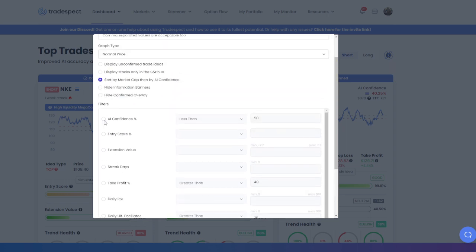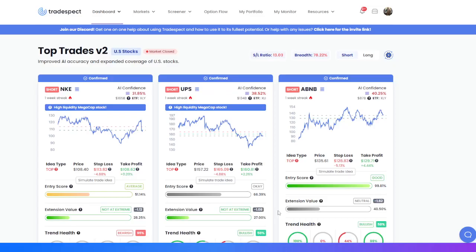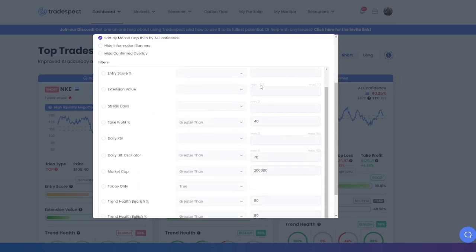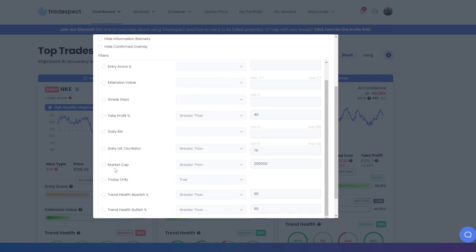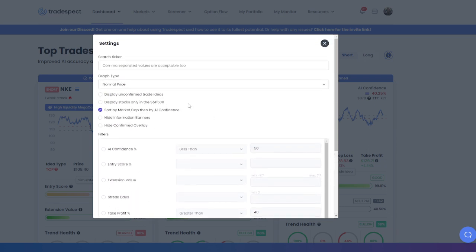You can combine multiple filters, and you can really refine this to find pure gem trade ideas in the market. And I have a few specific presets that I use to find really good gems from V2. So I might make a PDF or something about that.